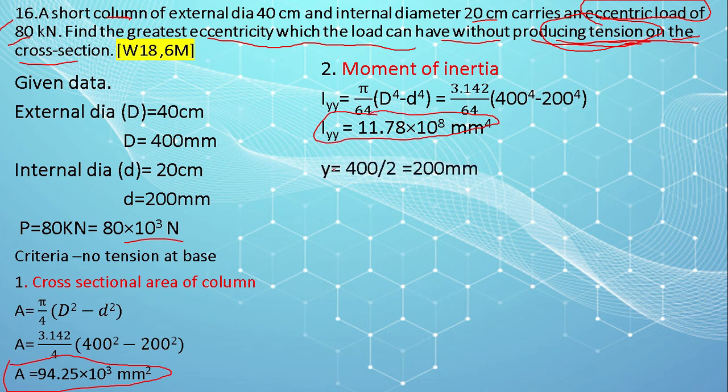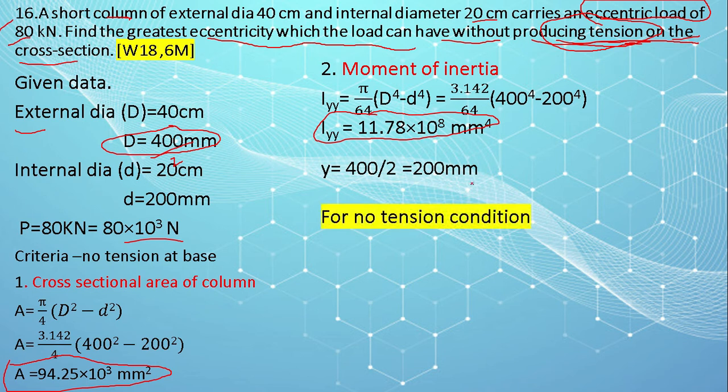And the value of extreme layer fiber from axis. Here external diameter is 400 mm. Therefore extreme layer fiber is 400 divided by 2, y is equal to 200 mm. Now for the no tension condition, sigma minimum should be positive.